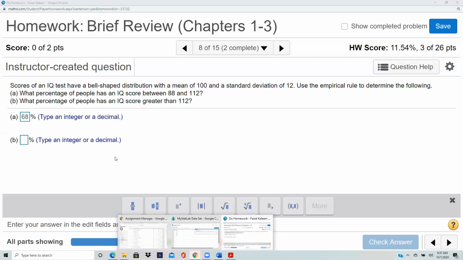When we first learned about the empirical rule, the bell shaped curve, that's what I go off of, like the little percents in between. And I put the 100 in the middle because that's the mean. The next one would be 112 since the standard deviation was 12.